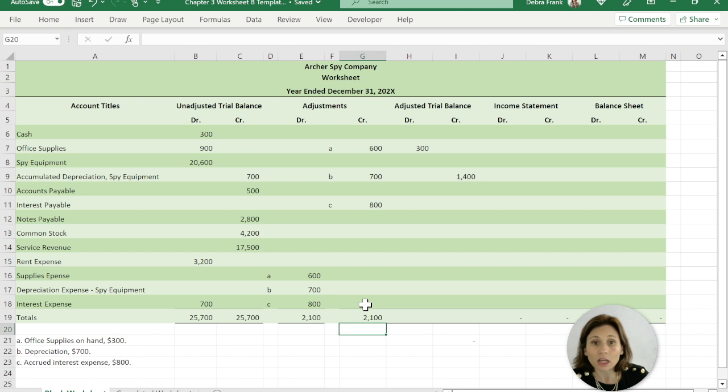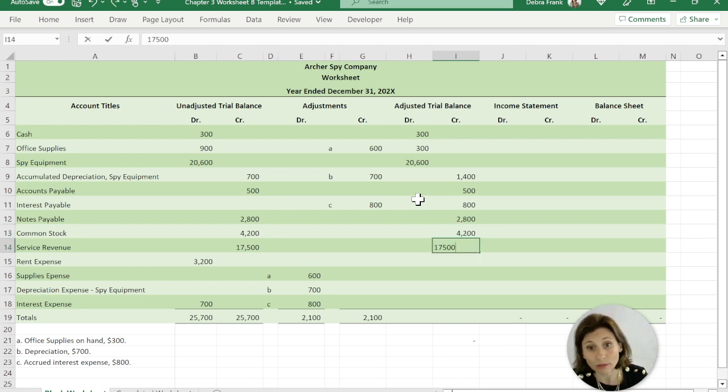Cool. Let's go ahead and finish this adjusted trial balance and then we'll be done. We can see cash stayed the same, didn't get affected. Office supplies got affected. SPY equipment didn't get affected. Accounts payable, credit, 500. Interest payable, new one, 800. Notes payable, credit. Common stock is also a credit.